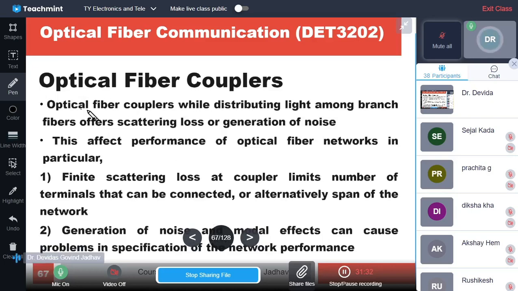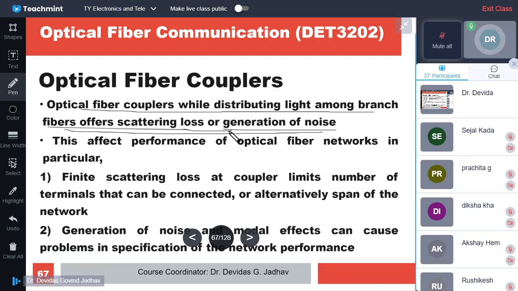So optical fiber couplers, while distributing the light among the branch fibers, offer scattering loss or generation of noise. Couplers will introduce scattering loss and generation of noise because scattering is due to inhomogeneity.